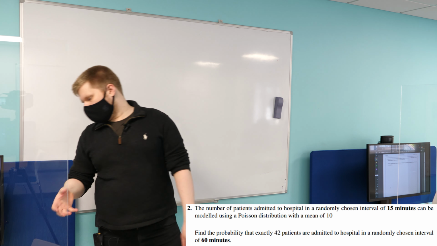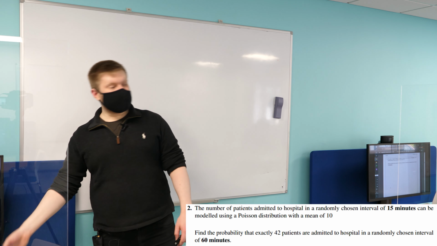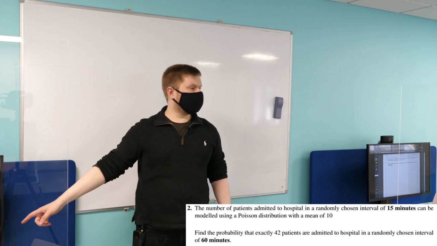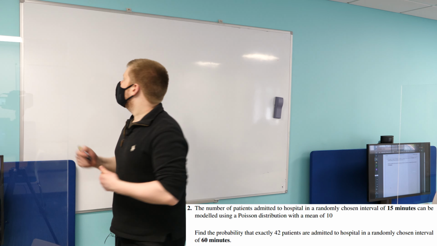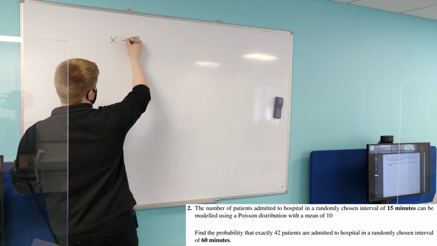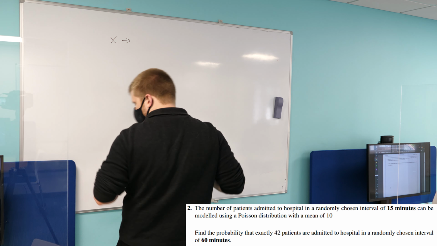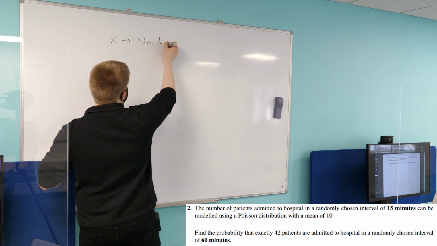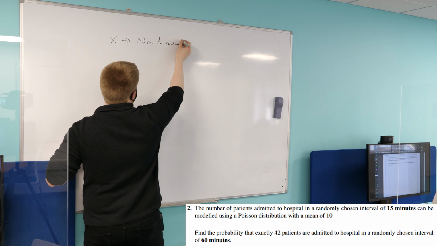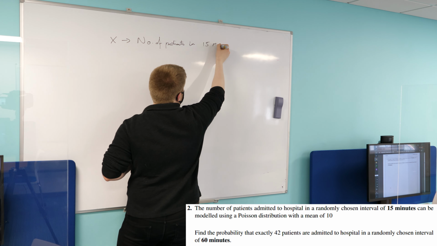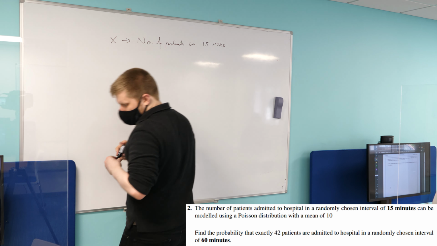The reason being is because for the first case, it's the number of patients admitted in an interval of 15 minutes, okay? So if I define x, it's up to you how you want to define it, but I'm going to define x as the number of patients, but here's the crucial bit, it's the number of patients in 15 minutes. Okay, that's the crucial bit which I want to highlight.